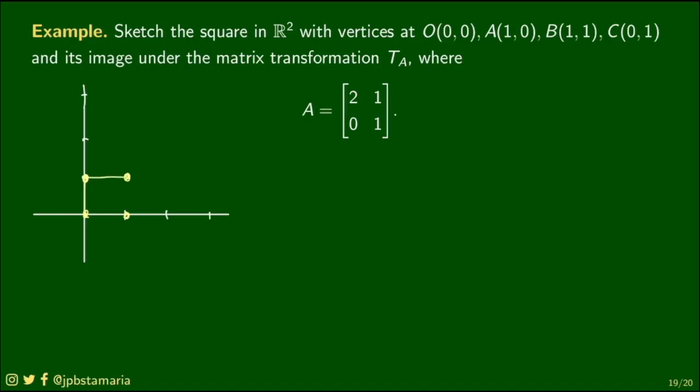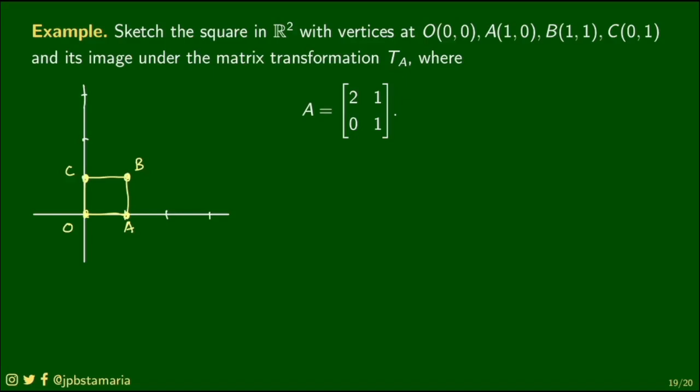So this is O, this is A, this is B, this is C. Now, to sketch the image of this square under the transformation, we're going to get the image of its vertices. Because linear transformations preserve collinearity and coplanarity, it is enough to locate the image of these vertices.